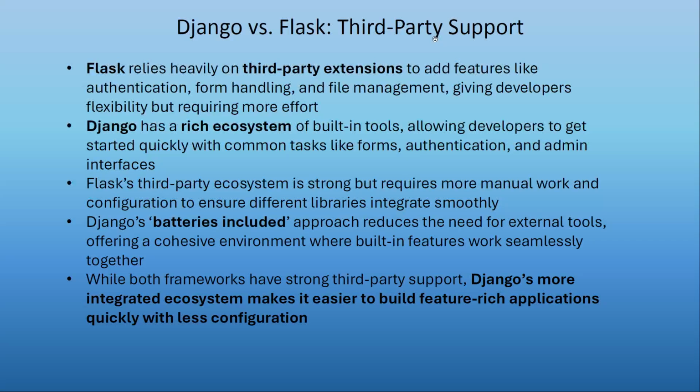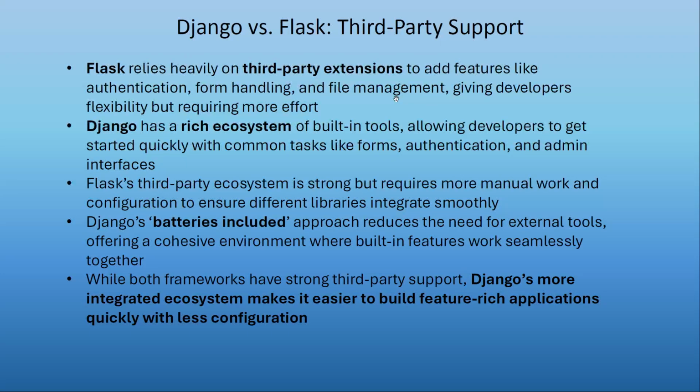Third-party support, both of them are pretty strong, but Django definitely takes the cake. It's used a lot more. It's like 5 to 10 times more programs are used by it. I don't know the exact number, but it's definitely used a lot more because it's already ready to go for most apps. So having third-party support for it makes sense because there's already a lot of things to tap into.